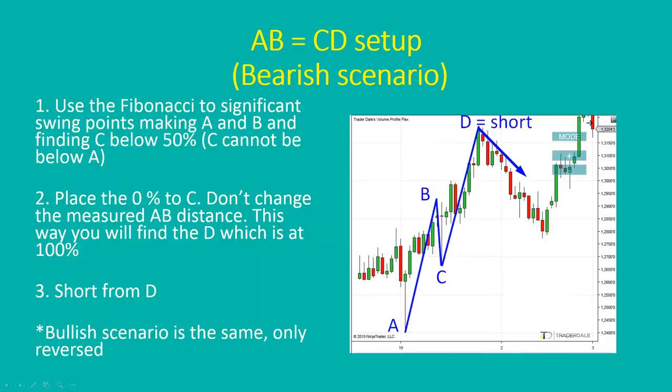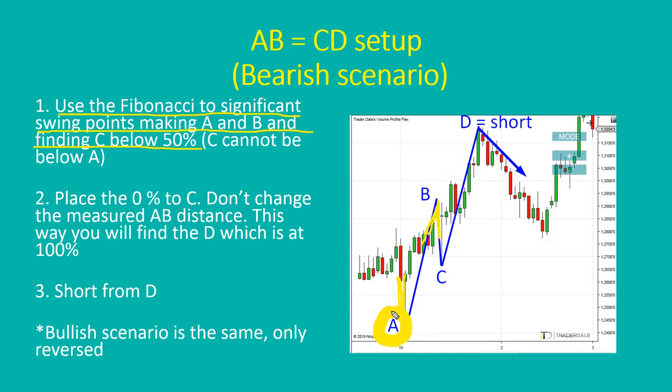Alright, so here are the exact steps for the setup on a real chart. So the first step is to use the Fibonacci tool on significant swing points, making A and B, and finding C below the 50%. So in the picture, this is a significant swing point. This is a significant swing point.